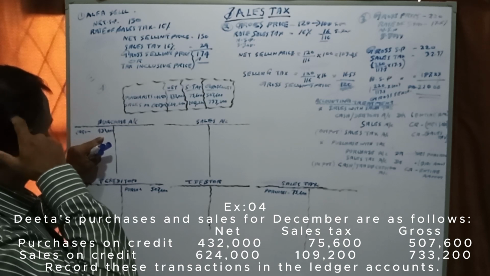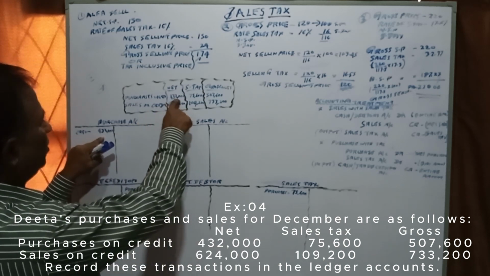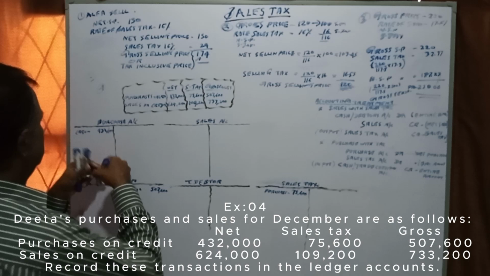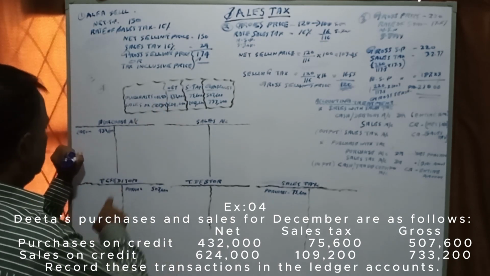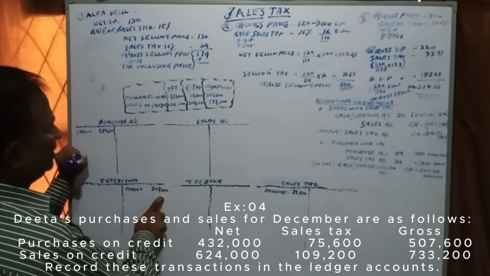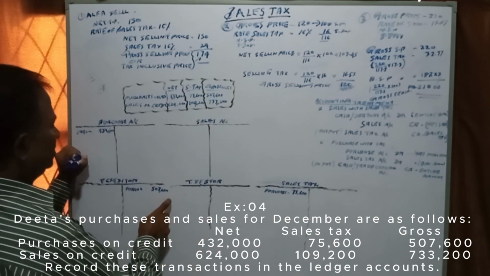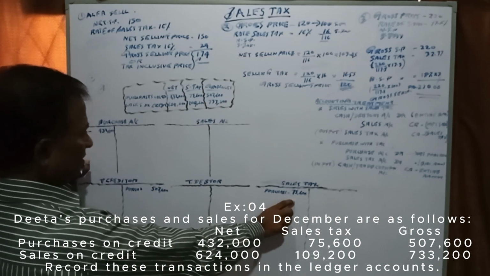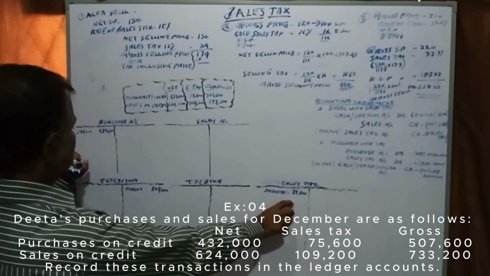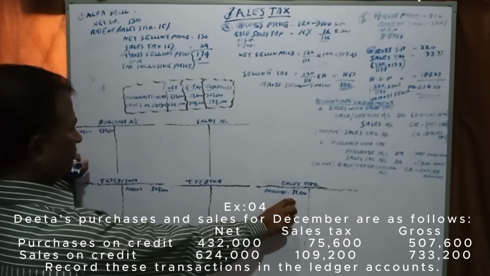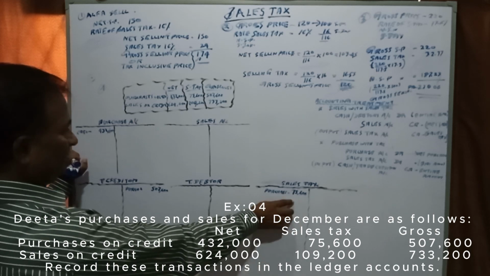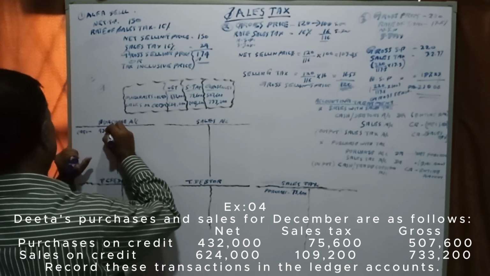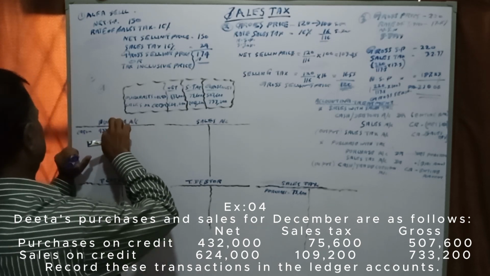The purchases account, net amount 432,000. And trade creditor gross amount 507,600. And the tax account debited 75,600.